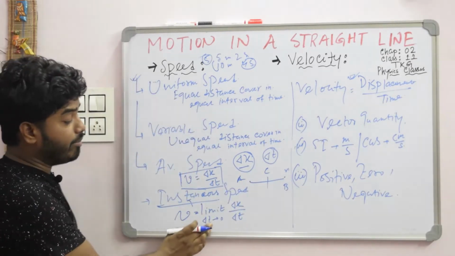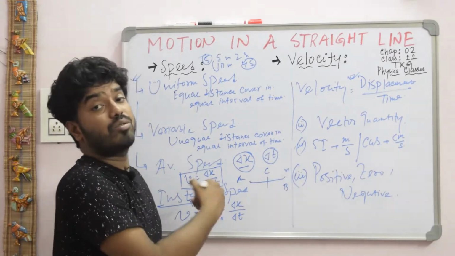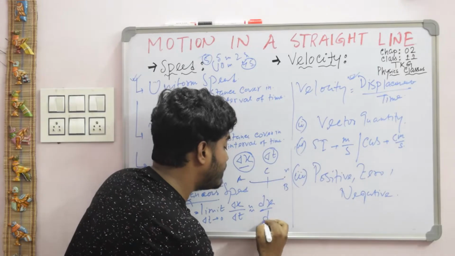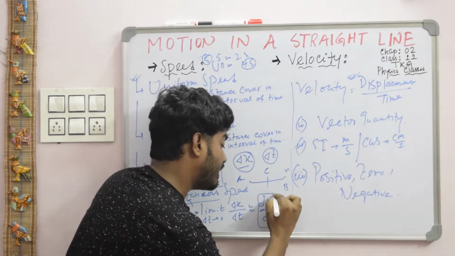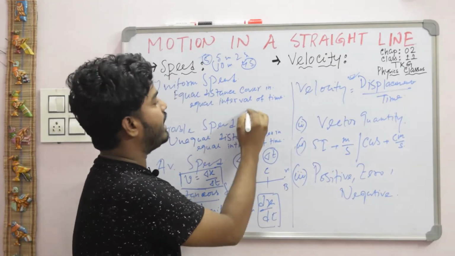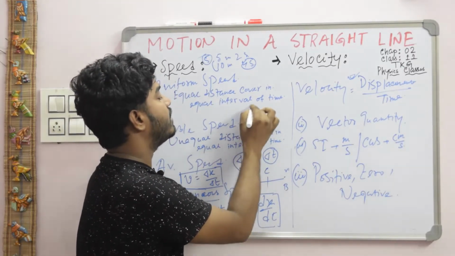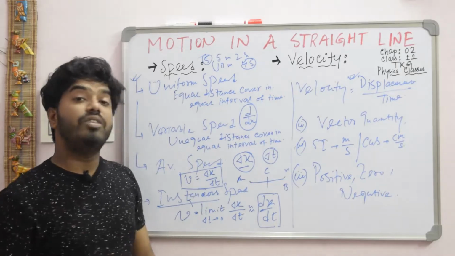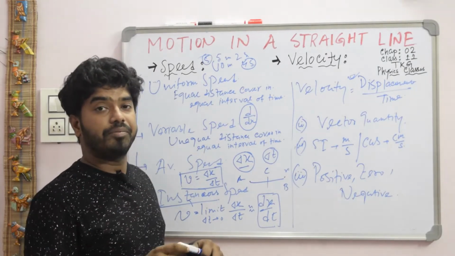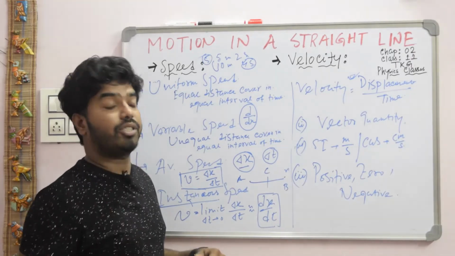And when there is a limit and the time interval del t tends to 0, this will be equal to dx by dt. What is dx by dt? This is an important part. This form d by dx is called the differentiation format, which is in mathematics, integration and differentiation.